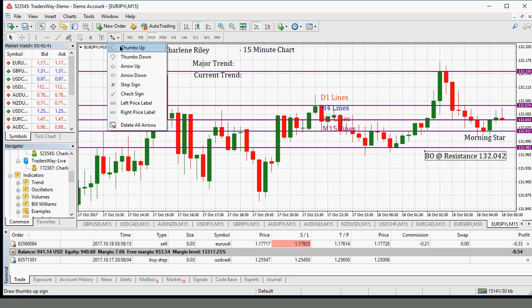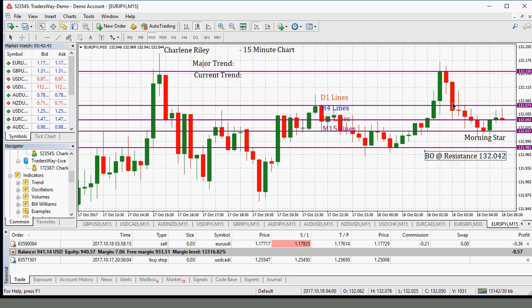So you would put your arrow. Technically it should be this candlestick.